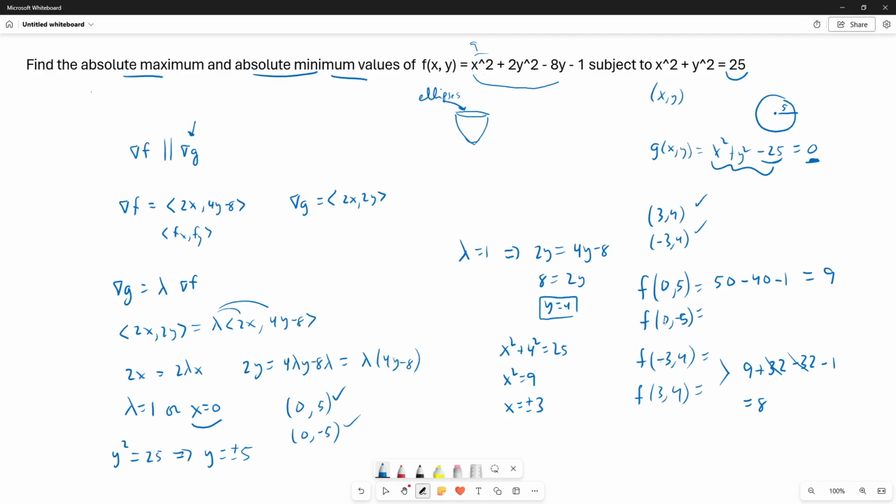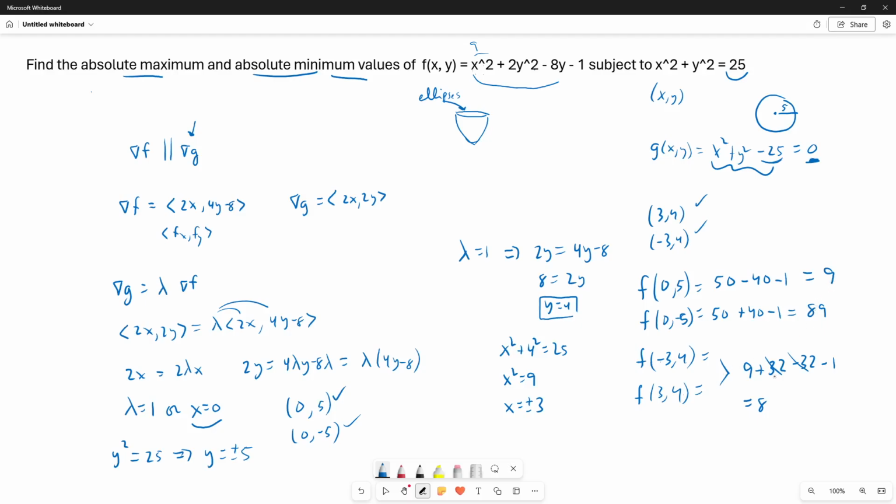And if we try f of 0, negative 5, x is 0, y is negative 5. Negative 5 squared is 25 times 2 is 50. And then plugging in negative 5 will give us negative 8 times negative 5 is plus 40. And then minus 1 gives us 90 minus 1, which is 89.